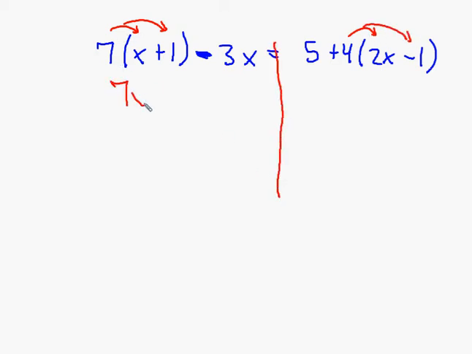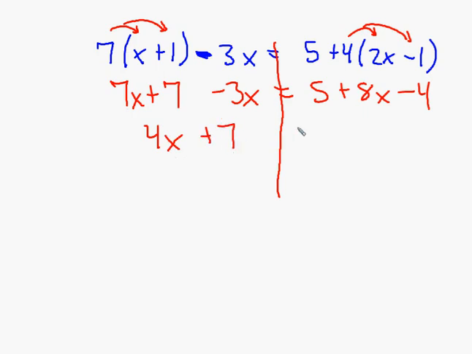So I get 7x plus 7. And I get 5 plus what? 8x times 4. Yep. I'm going to combine like terms. See, these x's are on the same side, so I combine those, and I get 4x plus 7. And then this 5 and that negative 4, take the sign with the number.